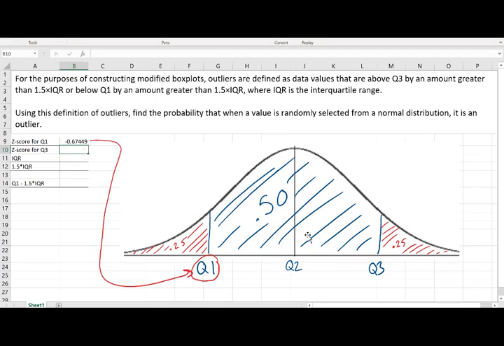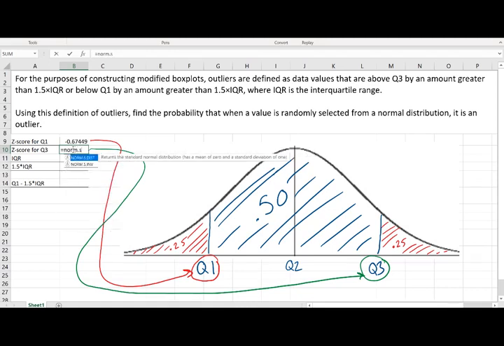Okay, and then same thing, we need the third quartile, and the third quartile is separating the lower 75% of the data from the upper 25%. So let's use equal norm.s.inv, or again, this will give us the z-score if we know the area, and our probability, or our area, is 0.75.